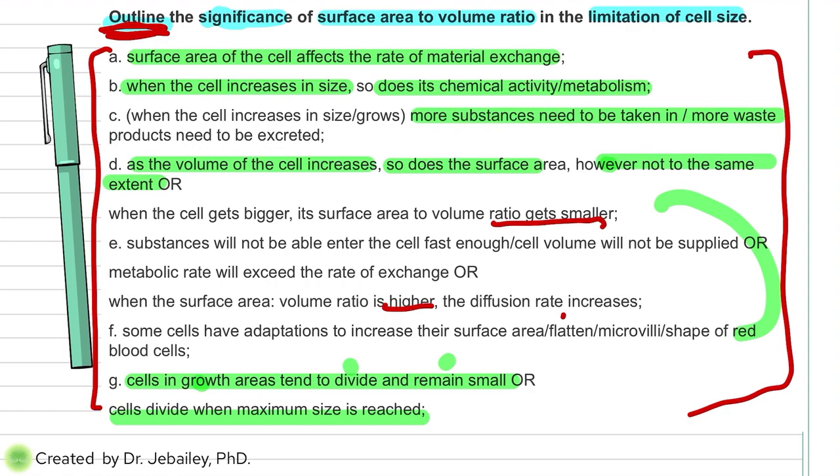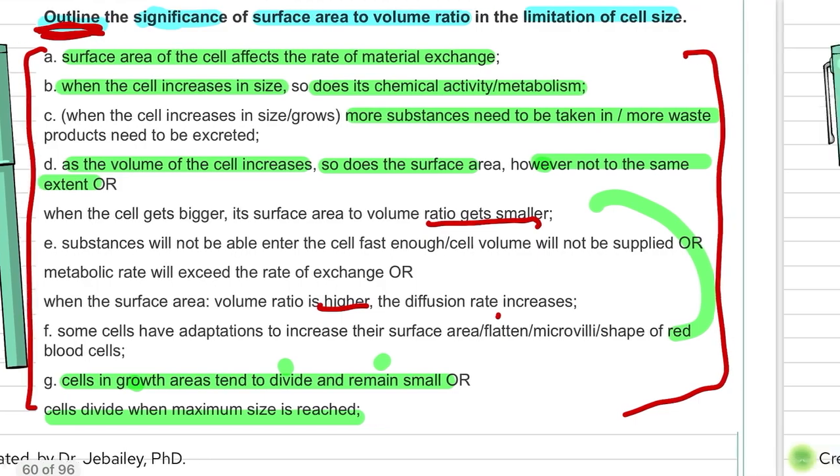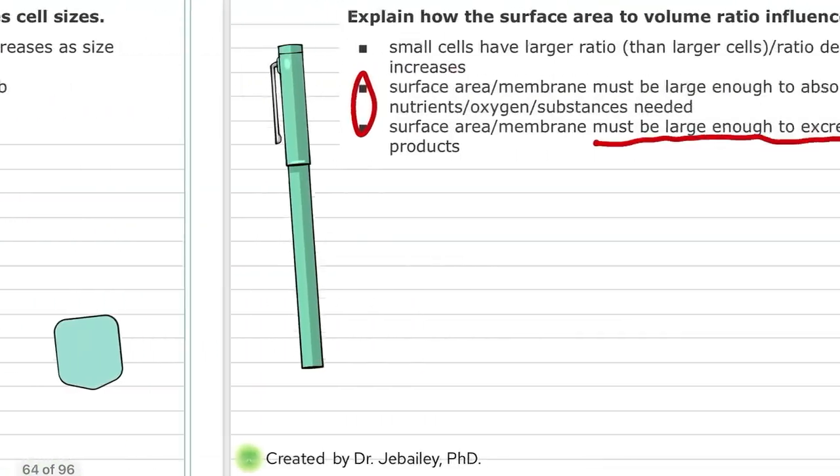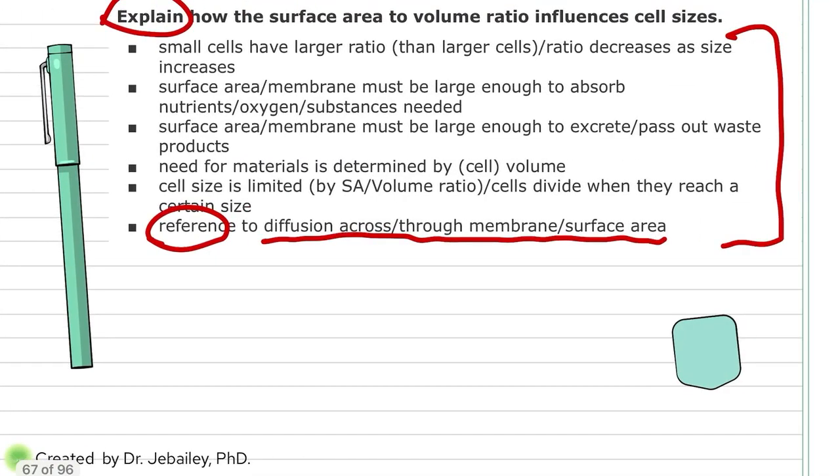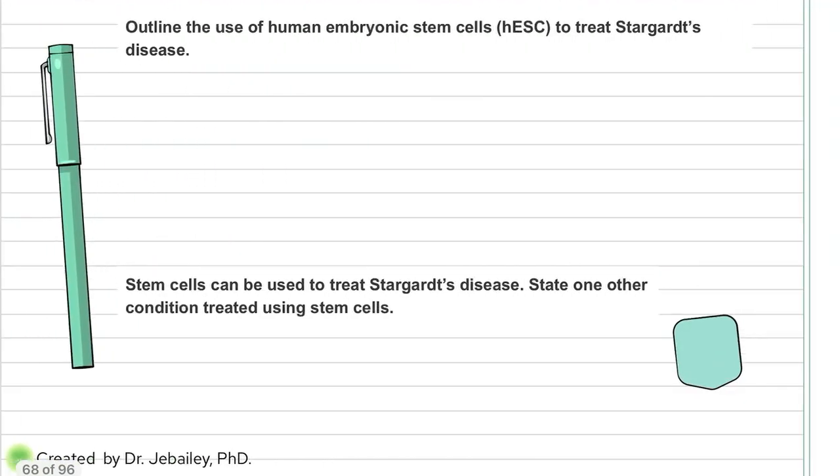You're just talking about what surface area is, talking about the volume, talking about the exchange of wastes and nutrients in and out, and talking about the size, having to make sure it's a low size, because if it gets too big, it has to divide. So that's the surface area to volume ratio. And don't forget to mention the ratio, right? If it's too big, gotta divide. If it's too small, it's okay.